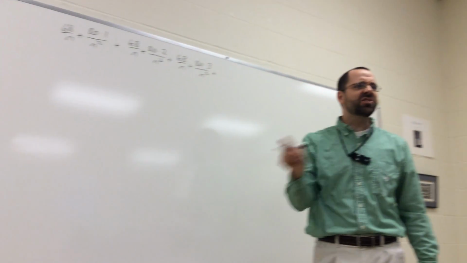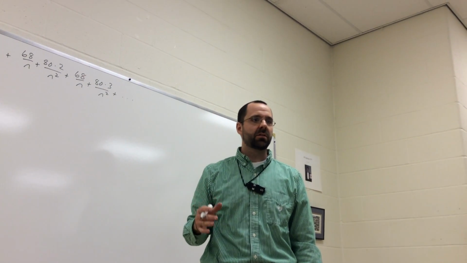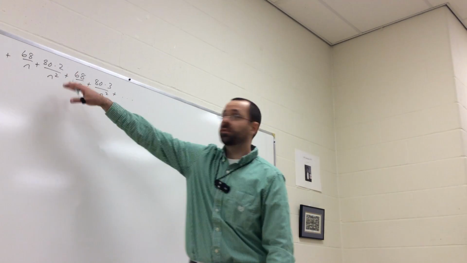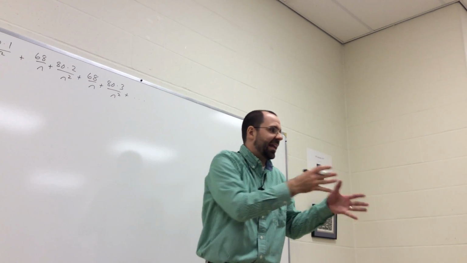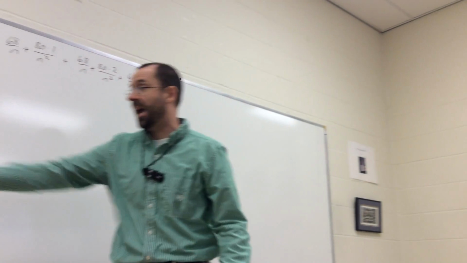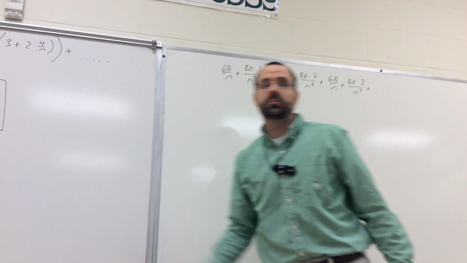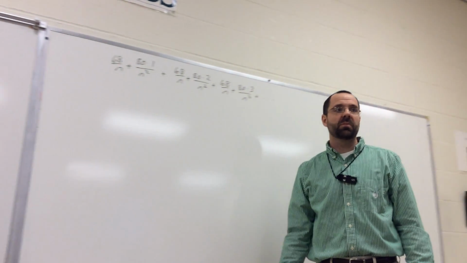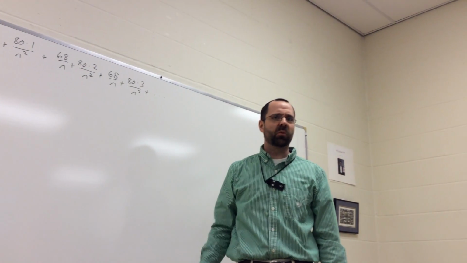So this whole summation thing is just shorthand for this. I don't want to write out all these things added up, so I've just condensed it down to that. But sometimes you have to go back to this to remember what's going on.